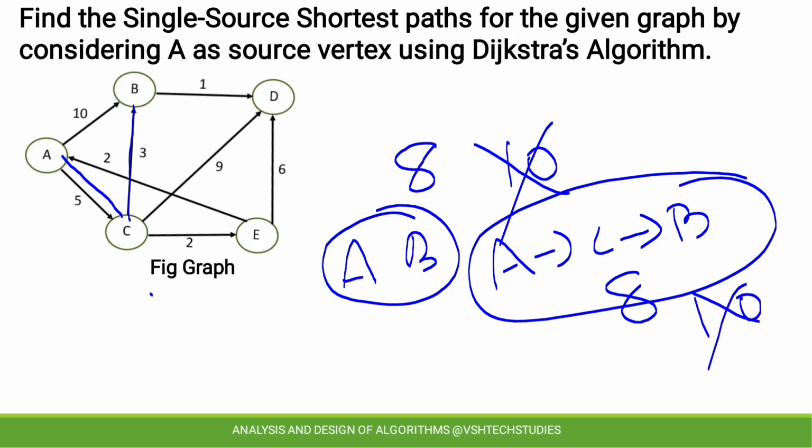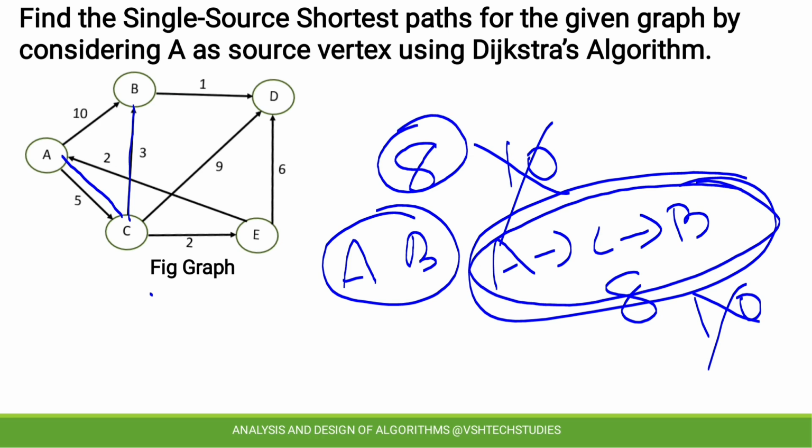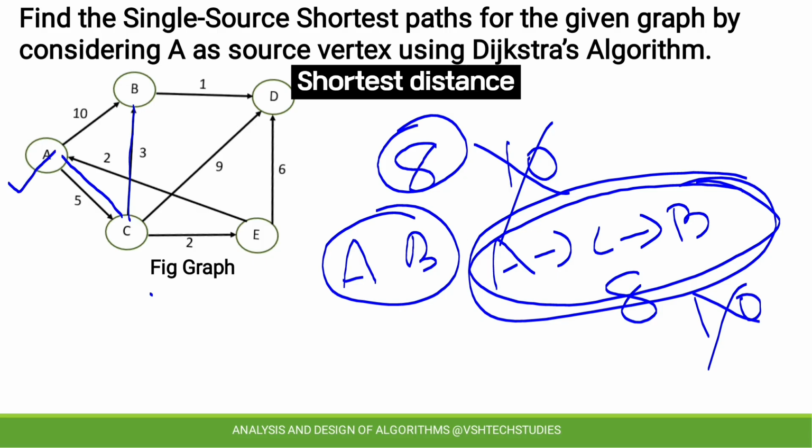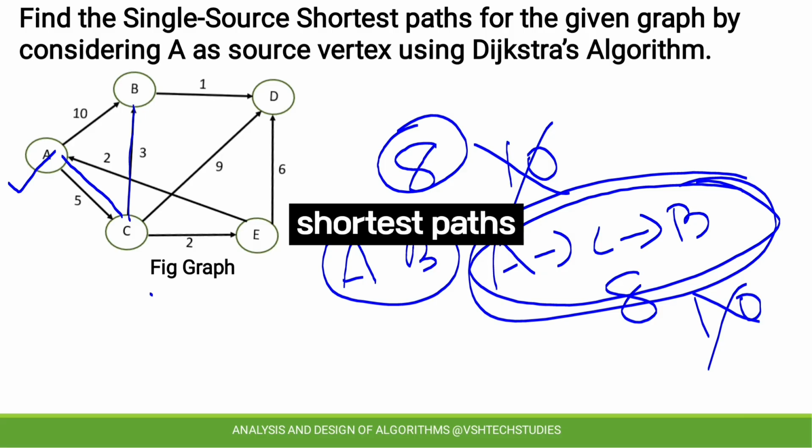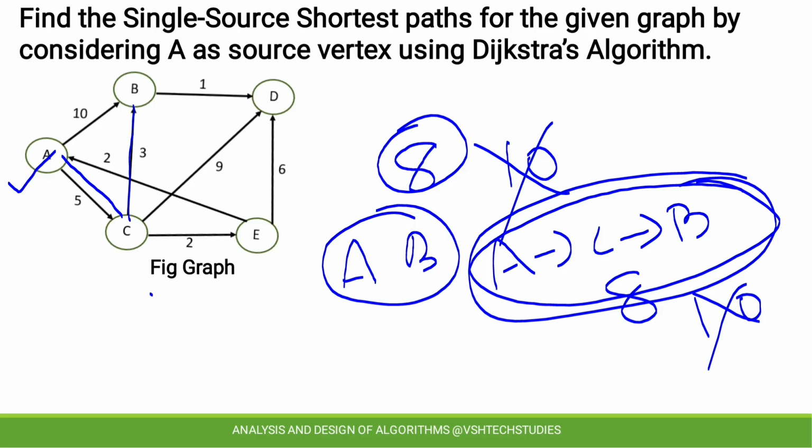So what we did, we found the shortest distance between A and B and we found the shortest path between A and B. This way we have to find, from source vertex A, the shortest distance and shortest path between A and the other nodes. That is what is asked in this problem, that we have to do using Dijkstra's algorithm.